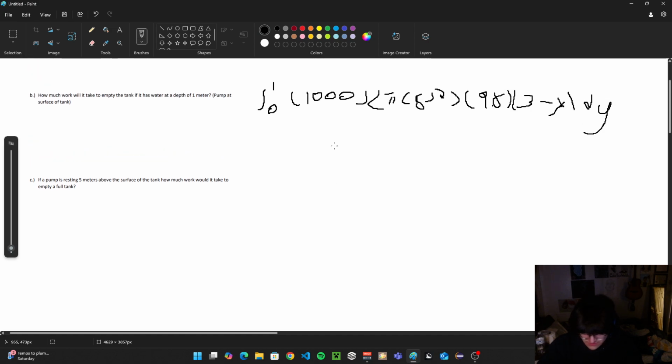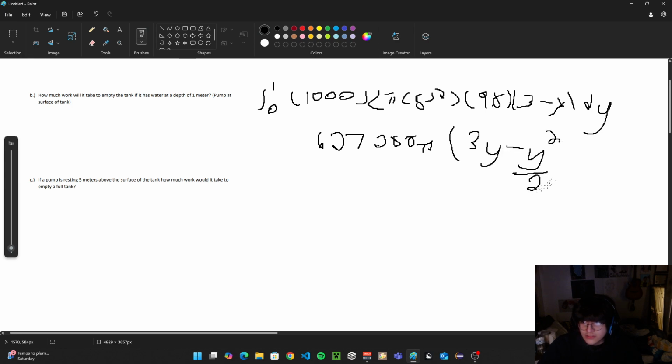If we rewrite what we had before, we had 627,200 pi times the integral from 0 to 1, so times 3y minus y squared over 2 from 0 to 1. When we plug in 1, you get 5 over 2.